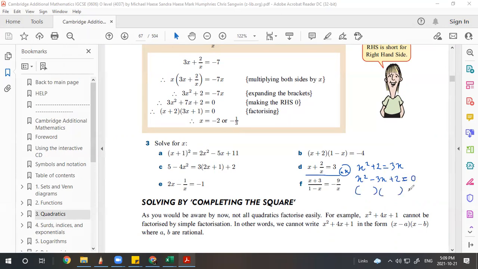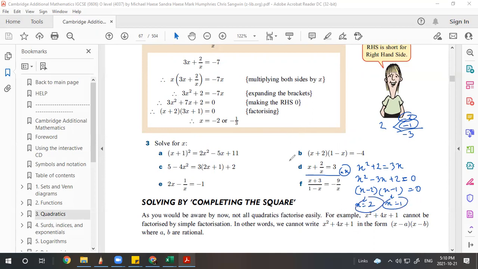Sum and product. What plus what equals negative 3, and if you multiply them, you will get 2. I think it's quite simple, 2 and 1, but both of them are supposed to be negative, right? So x minus 2, x minus 1. So the value of x will be 2 or 1. You just switch the sign.